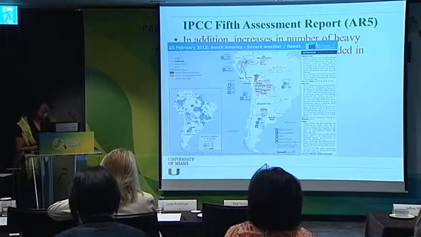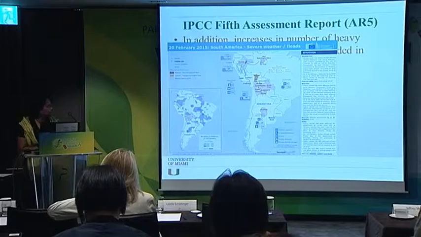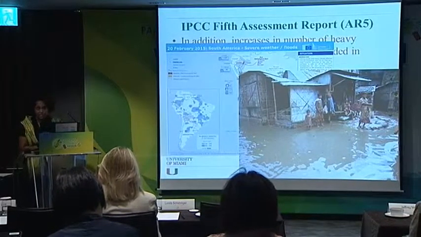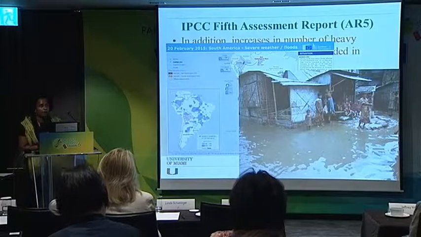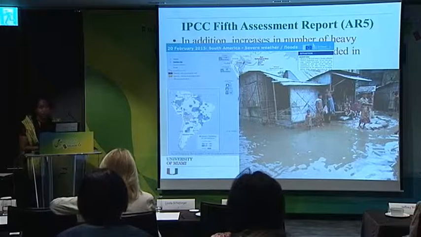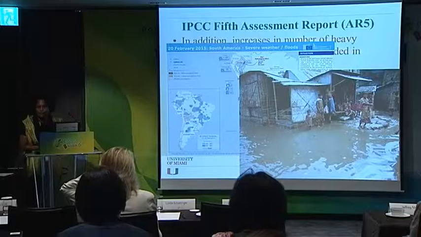This is severe weather flooding which occurred in parts of South America this year. And then, of course, we can't ignore Southeast Asia and Bangladesh, where there was also a lot of flooding. There was flooding in parts of India and parts of Pakistan, flooding which is happening almost every year. They go from droughts to floods, very extreme weather conditions.